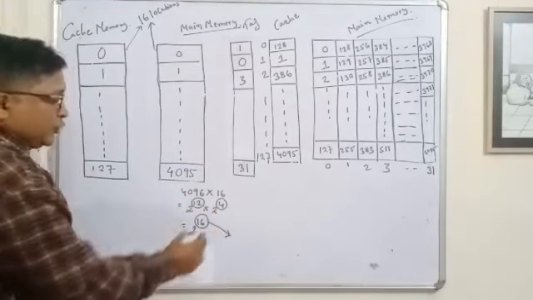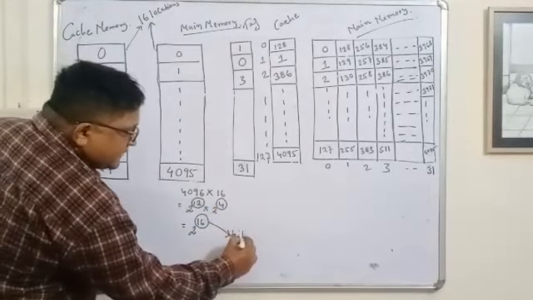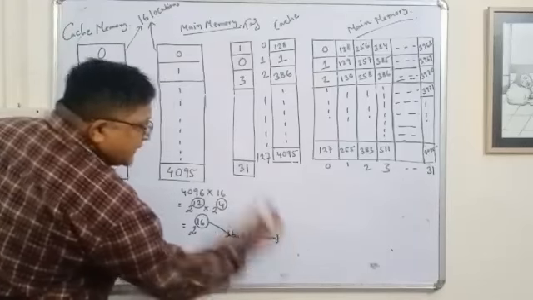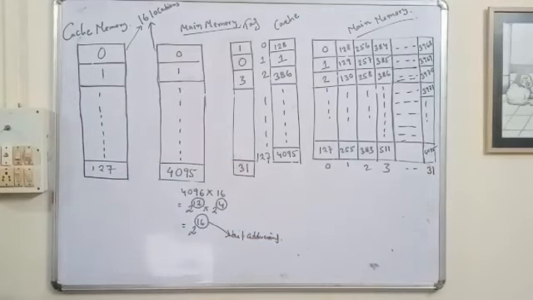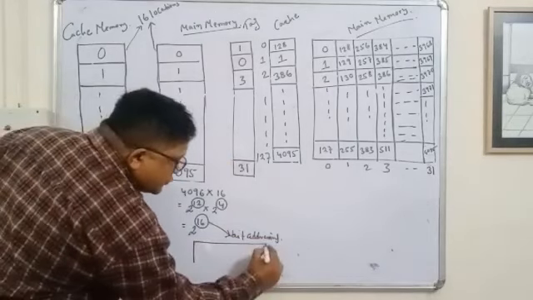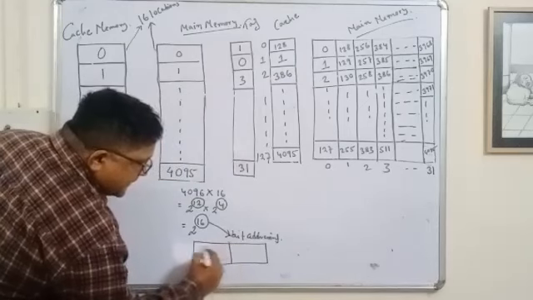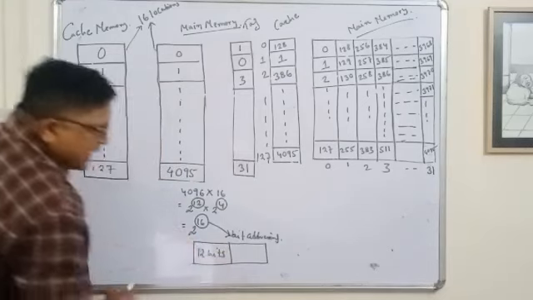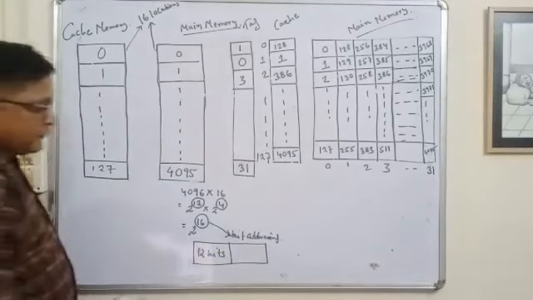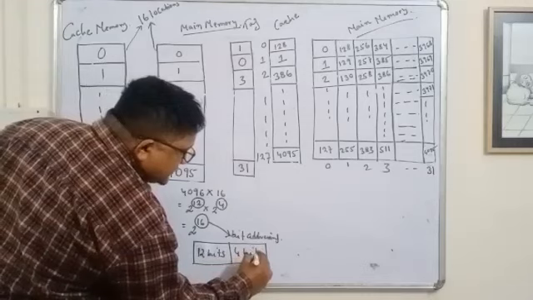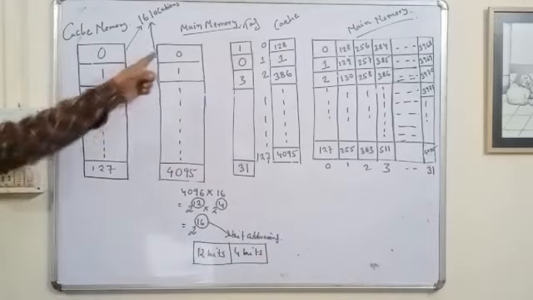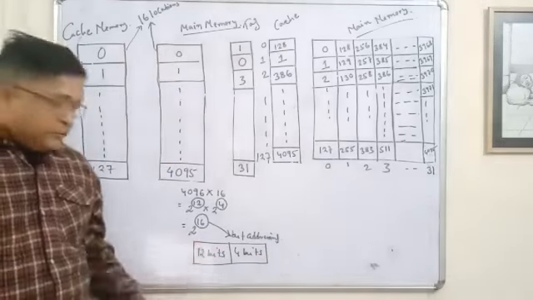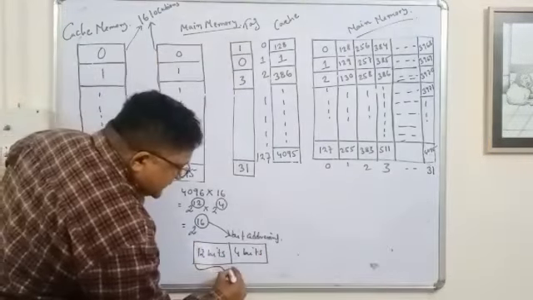So 16-bit addressing is required to address a main memory location in our example, divided into two parts: 12 bits for the page number and 4 bits for a particular location in a given page.